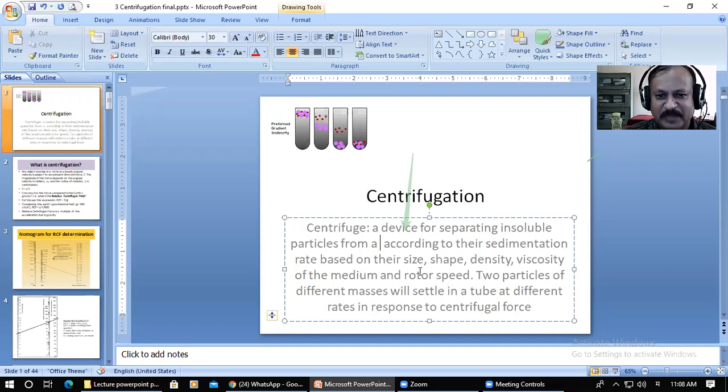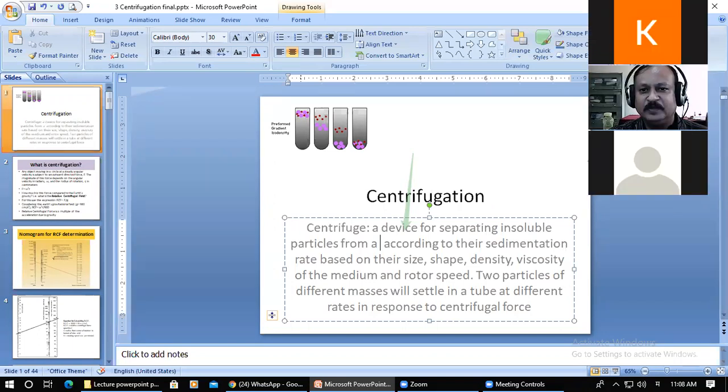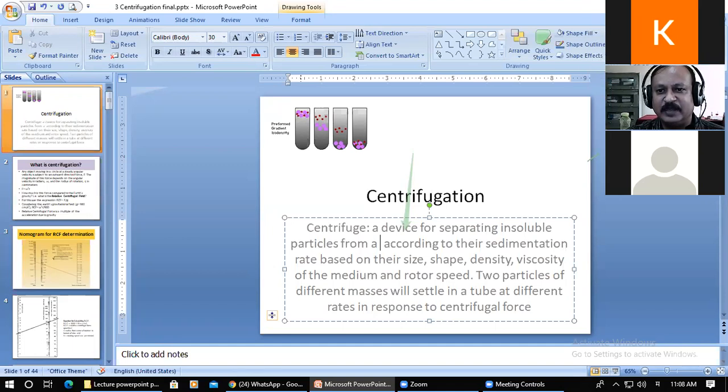So bacteria, do we call bacterial culture a solution? Solution of bacteria? Suspension. Any particle in suspension. Suspension, that is the right word.